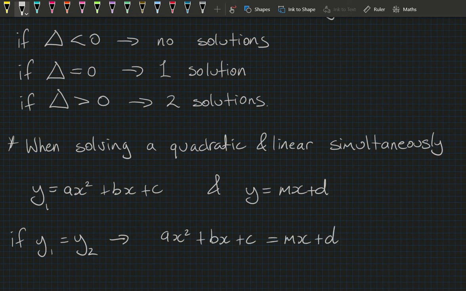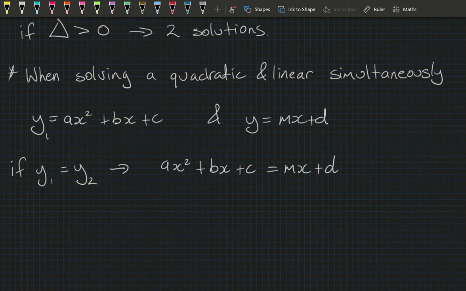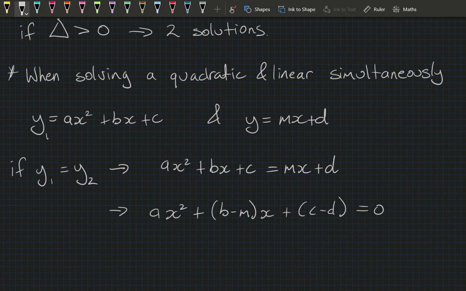And with a little bit of algebra, that means that ax squared plus (b minus m)x plus (c minus d) is equal to 0. And so we've got this new looking quadratic equation here, but we can still do the same thing as we've done with the previous ones. But in this case, we've got these new constants here, a, b minus m, and c minus d.